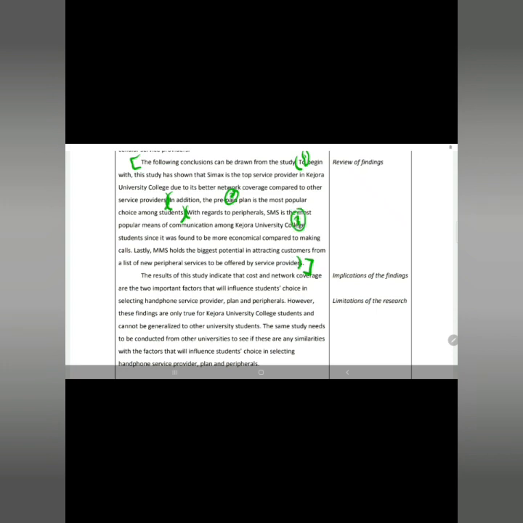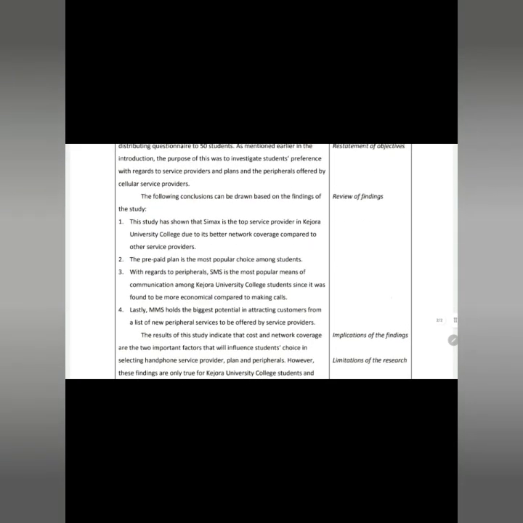Okay, right? Same goes when you write it in point form like this. But this one is clearer lah. Okay, the following conclusion can be drawn based on the findings of the study. So this is for objective 1. This is for objective 2.